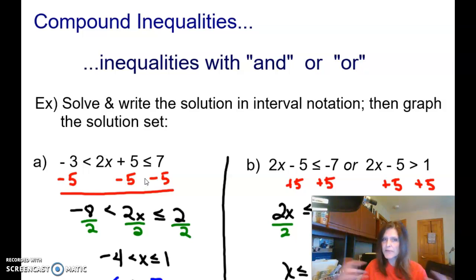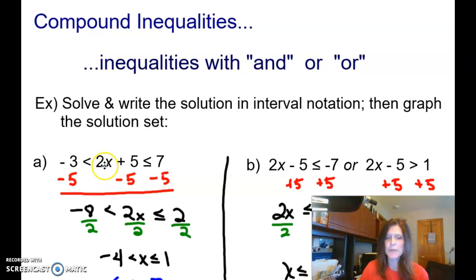So do I have to split it apart and do two separate problems? No, I am always going to tell you to take the shortcut when you can if it's mathematically legitimate. So I would leave it exactly as it's written, and just remember that as I'm solving, whatever I do in the middle, I need to be consistent and do that on both sides so that everybody stays the same.